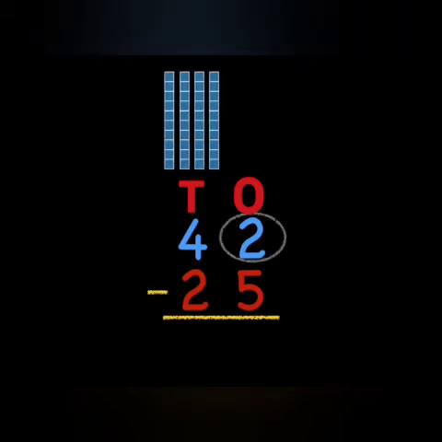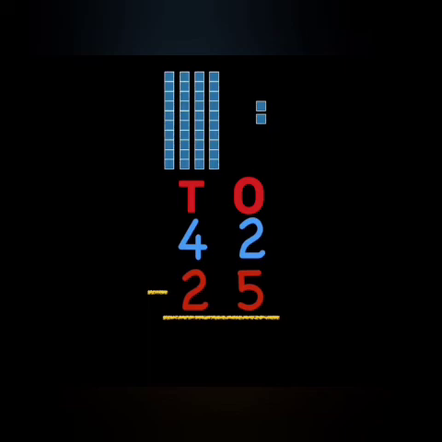And how many ones are there? There are 2 ones, 1 and 2. Now we will start subtracting from the ones side. But there is a problem. We know that 2 is smaller than 5. So we cannot take away 5 from 2. We don't have enough ones on the top. So we cannot subtract 5 ones from 2 ones.